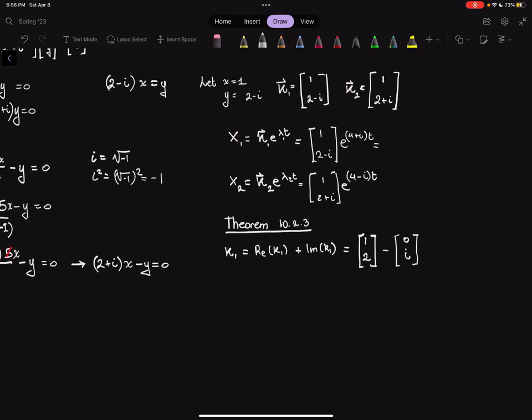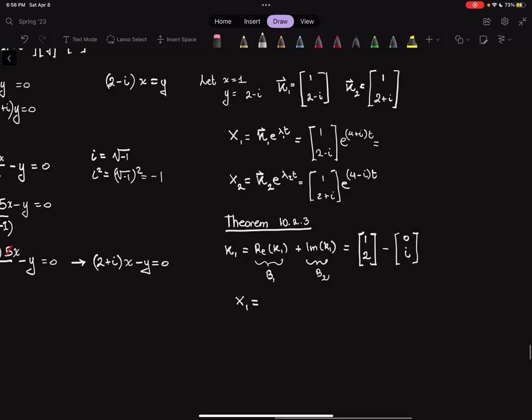Now, if you call this b1 and call this b2, you can write that one solution x1 is equal to b1 times the cosine of beta t, where beta is the imaginary part of the eigenvalue, minus b2 times the sine of beta t, all of that multiplied by e to the alpha t, where alpha is the real part of the eigenvalue.